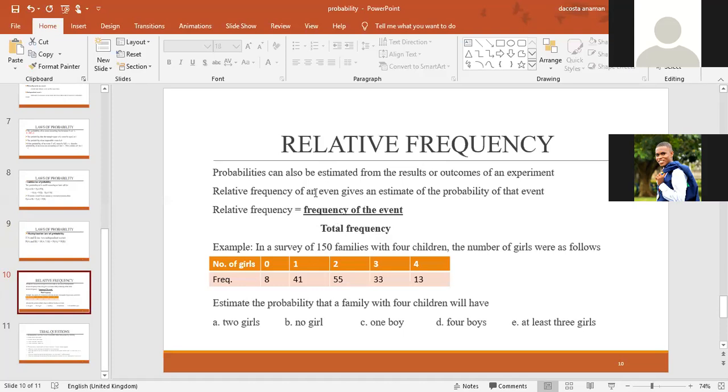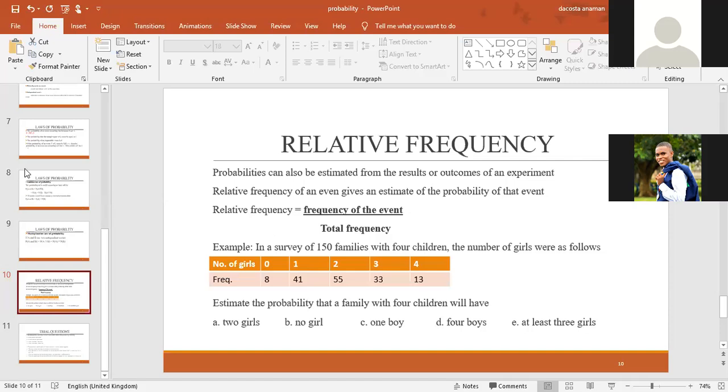That's what relative frequency is doing here. So the probability of finding the frequency of a particular item or of a particular survey is what you call the relative frequency.